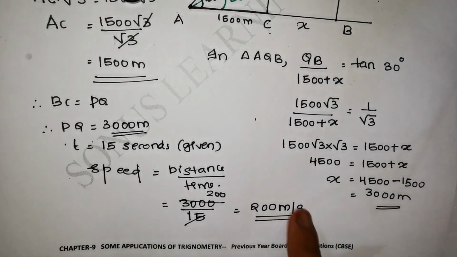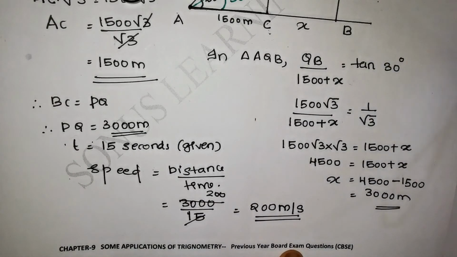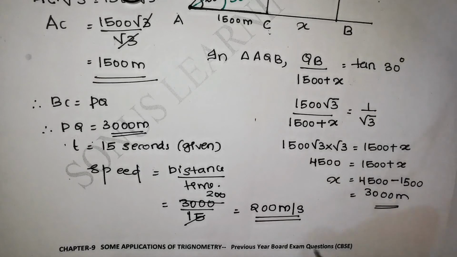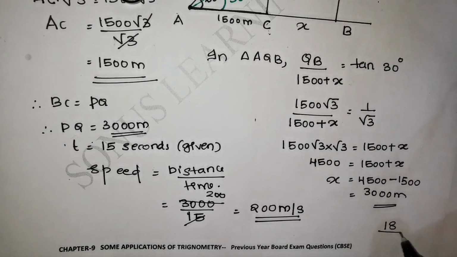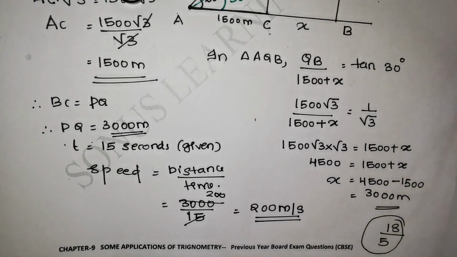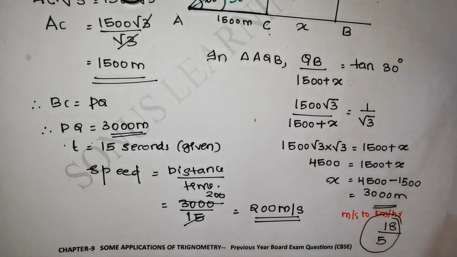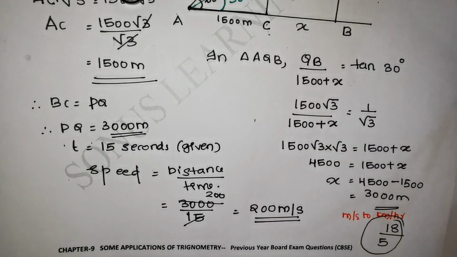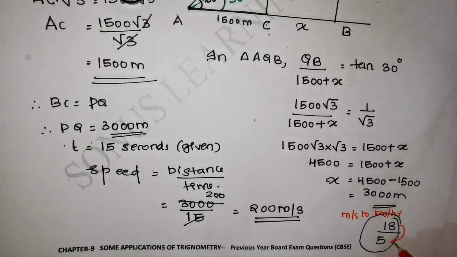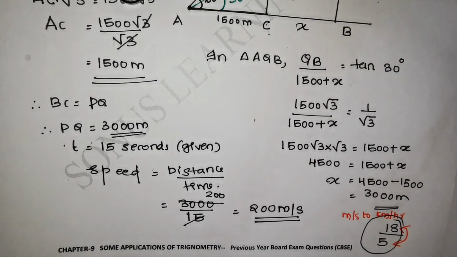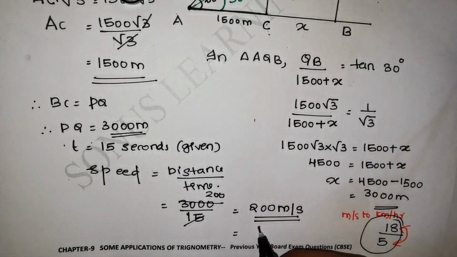Just multiply this particular value by 18 by 5 if you want to change from meter per second to kilometer per hour. If it is from kilometer per hour to meter per second, take the reciprocal, multiply by 5 by 18. We have already studied this in physics.